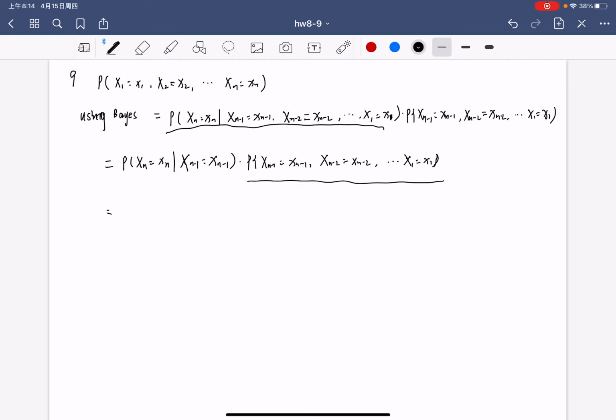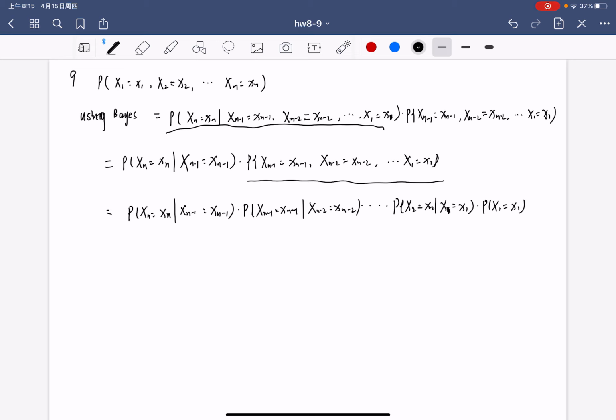And finally, we can rewrite the joint probability distribution function into this format: P(Xn = xn given Xn-1 = xn-1), and multiply P(Xn-1 = xn-1, given that Xn-2 = xn-2), and then multiply until P(X2 = x2, given that X1 = x1), and finally multiply P(X1 = x1).